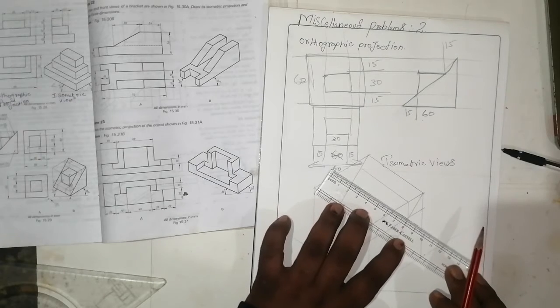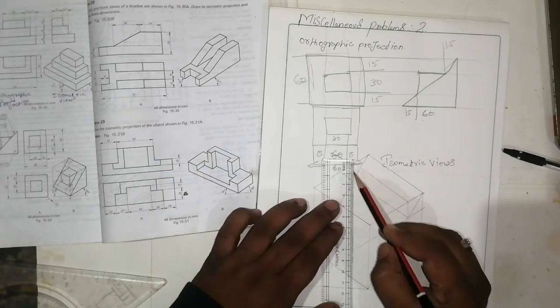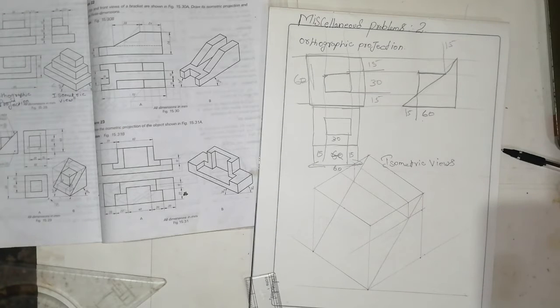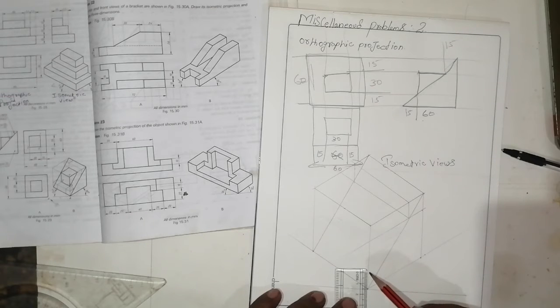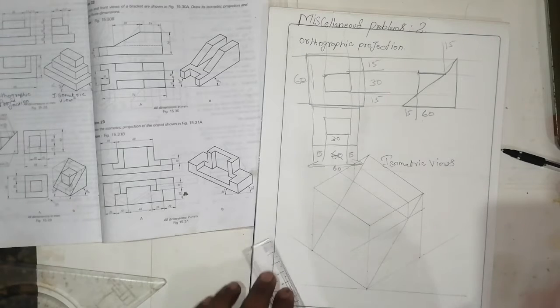From taking here, take like this. Okay friends, after that same like this, here also 15 mm and 15, they cut it like this.